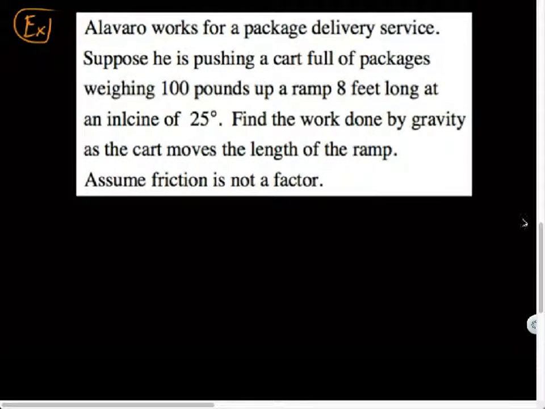So, let's draw a picture of this. Alvaro works for a package delivery service. He is pushing a cart full of packages weighing 100 pounds up a ramp 8 feet long at 25 degrees. So my displacement vector is going to be my ramp. And it's 8 feet long, so that's the magnitude of the displacement vector.